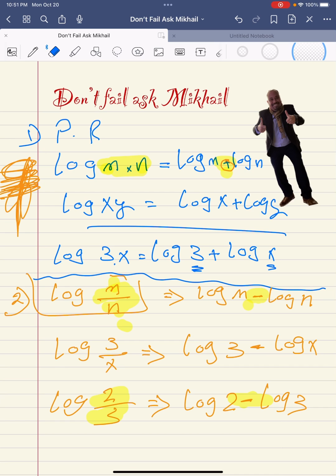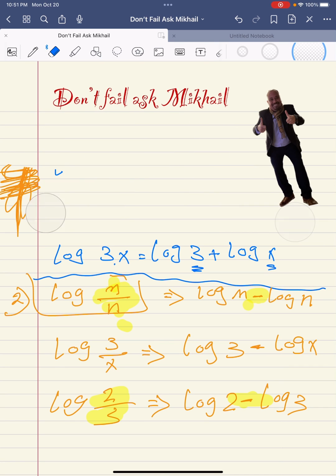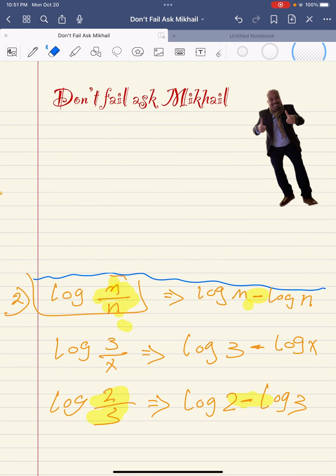All right, what else? Let's do another rule. Rule number 4, which is the most important rule, that's what I always say, is log m to the power n. Every time you have an exponent and a log, the exponent jumps in front of the log, and that will be n times log m.